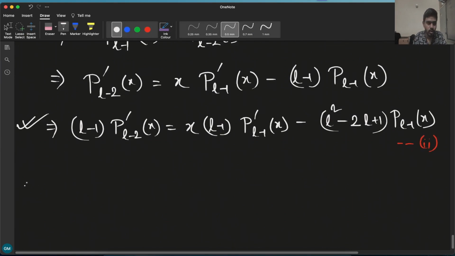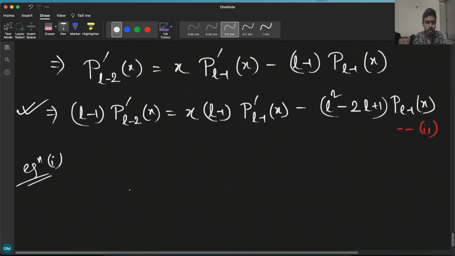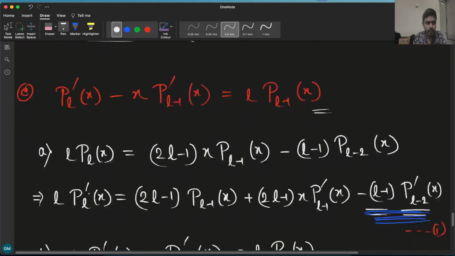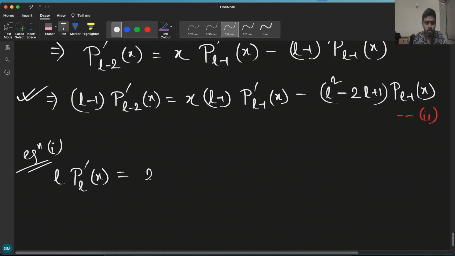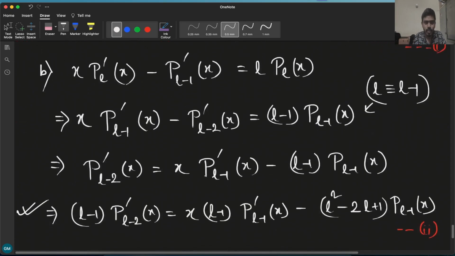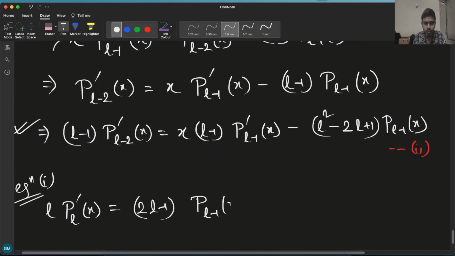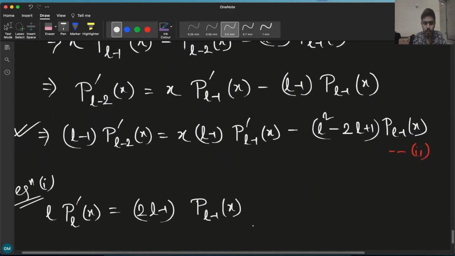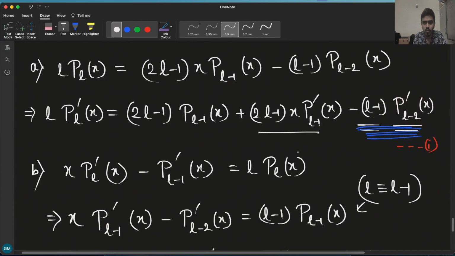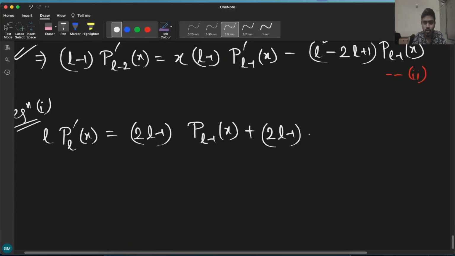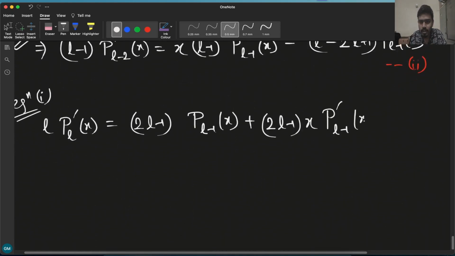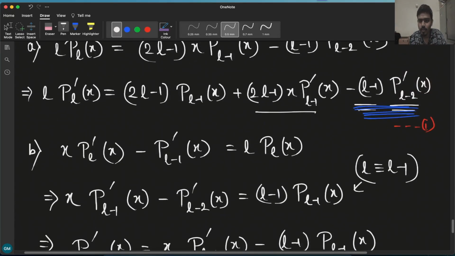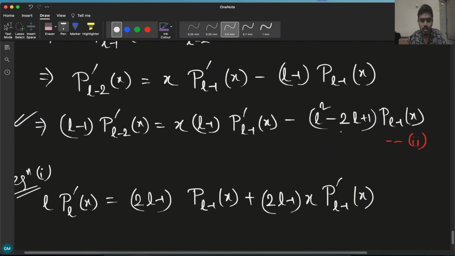Then from equation 1, what we can get is L p dash Lx equals 2L minus 1 p of L minus 1x plus this term, 2L minus 1 x p dash L minus 1x, and minus this term, which is nothing but these two terms.